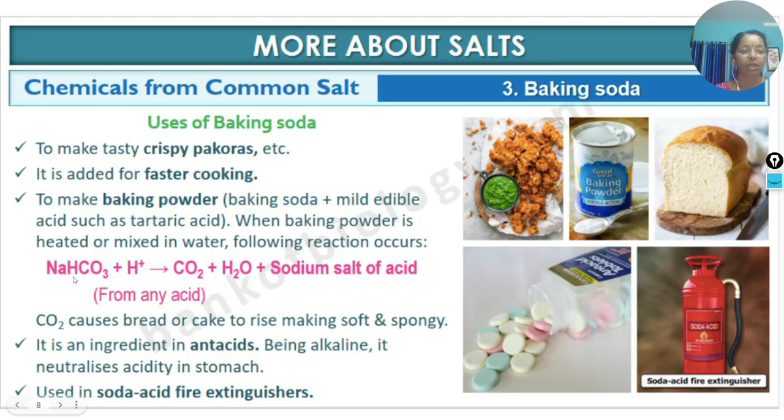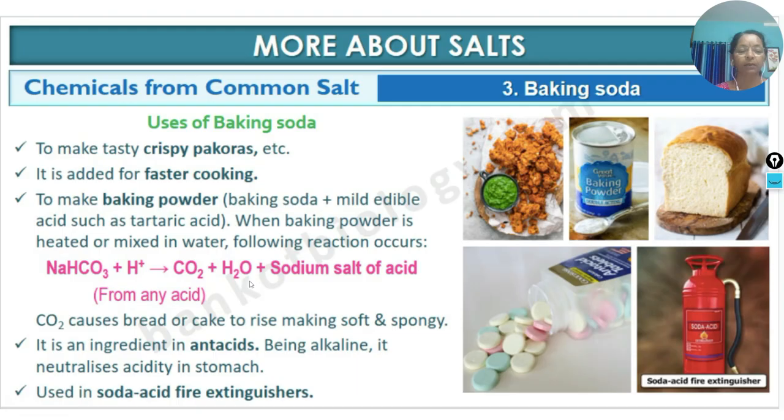Because we learned that on heating baking soda it gives carbon dioxide and sodium carbonate. But see, if you add a mild edible acid, instead of sodium carbonate we are getting the sodium salt of that mild edible acid.